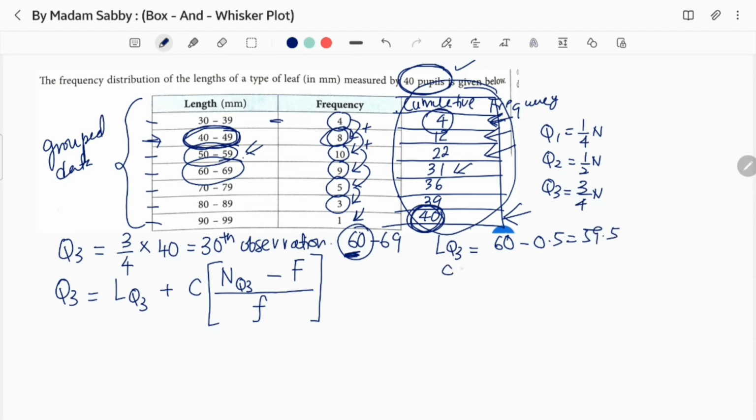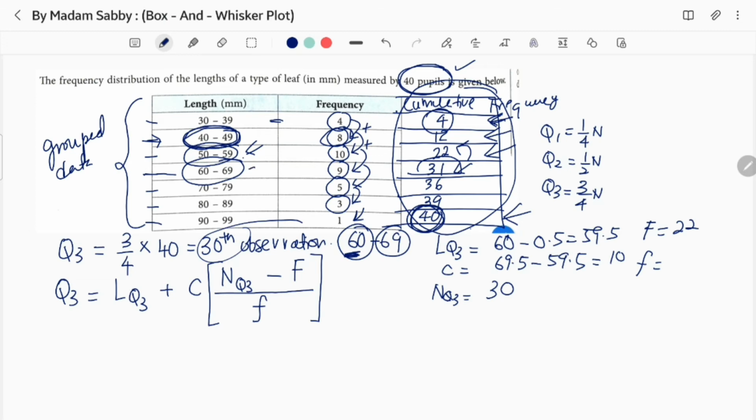C is the class width, so upper boundary 69.5 minus lower boundary 59.5, so we got 10. The number of observations we already calculated before, which is 30. The cumulative frequency of the previous class is 22, and the frequency of the current class interval is 9.